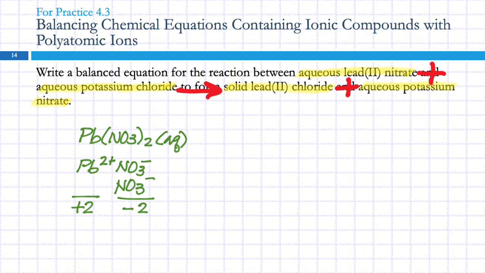So the next thing is potassium chloride. What's the formula for potassium ion? Potassium is in group 1A. Group 1A make +1 ions. Chlorine is from chloride, right?